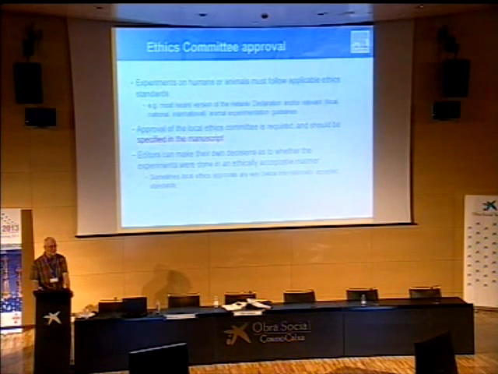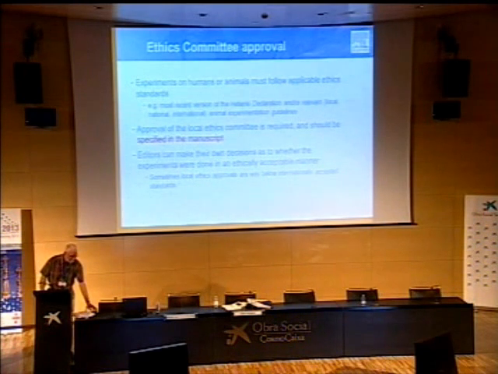Editors will also check to make sure that they think that the study complies with ethics standards, because, as I've said, not everywhere has an ethics board, or some have ethics boards, but they don't necessarily comply with the standards that we would expect them to.